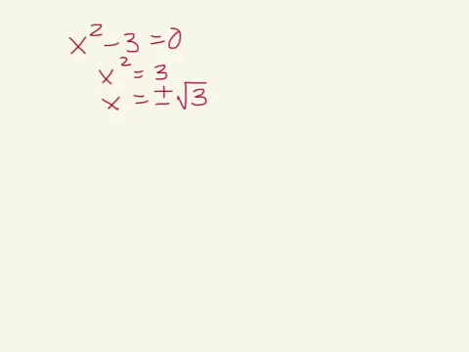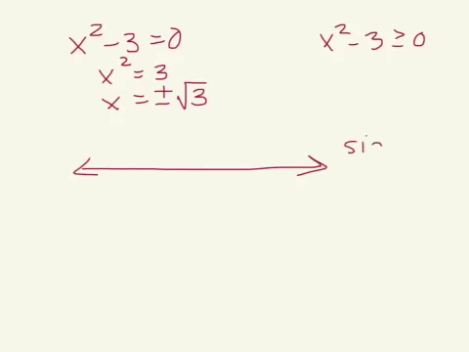The second part in solving x squared minus 3 is greater than or equal to 0 is to perform our sign test. With the sign test on our number line, you put your zeros, your solutions, your roots. Then you test a value in each of these regions to see what really gives you values that are greater than or equal to 0.